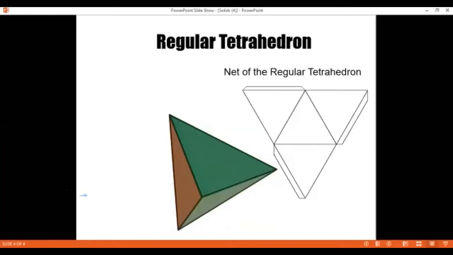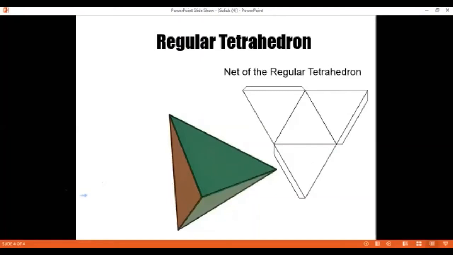We call this solid the regular tetrahedron. Without regular, we can make other tetrahedrons with isosceles triangles or scalene triangles. We mention the special one. Regular means we are using only equal-sized triangles, that means equilateral triangles.